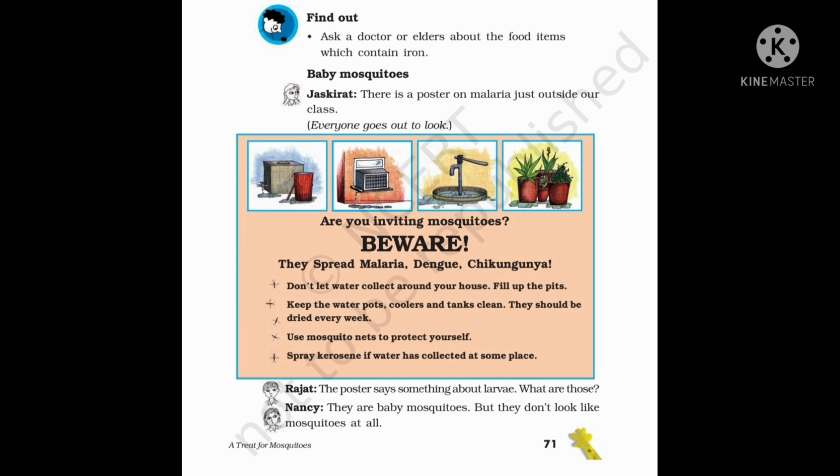Baby mosquitoes. Jaskirat is saying there is a poster on malaria just outside our class. Then what happens? Everyone goes out to look, as everyone is curious about malaria and everyone wants to know about it.